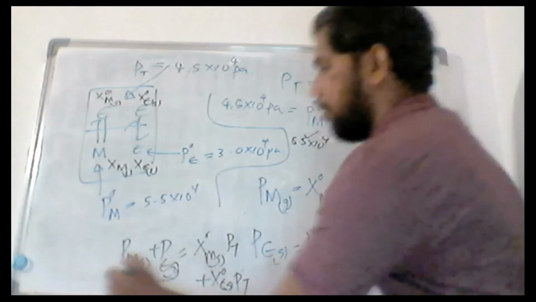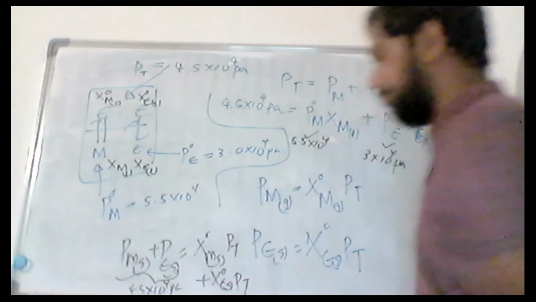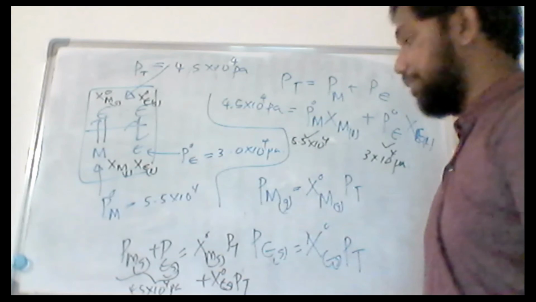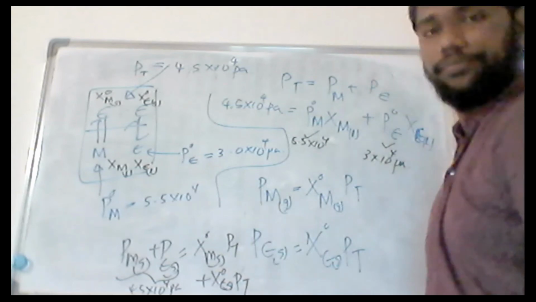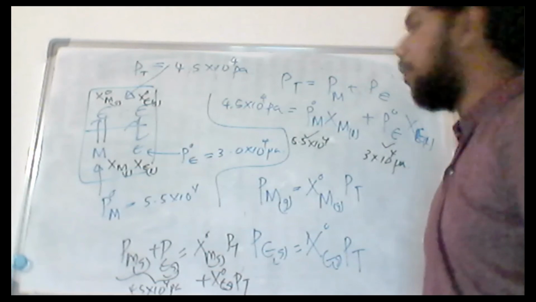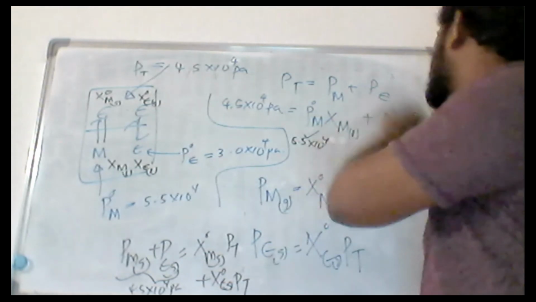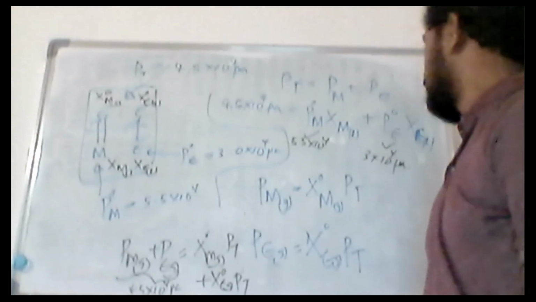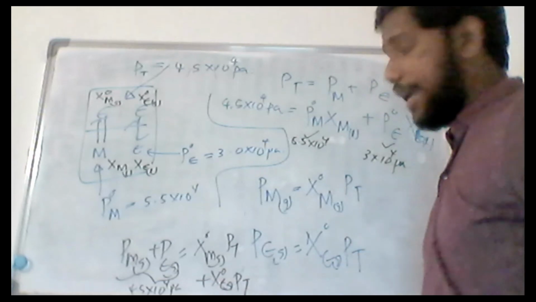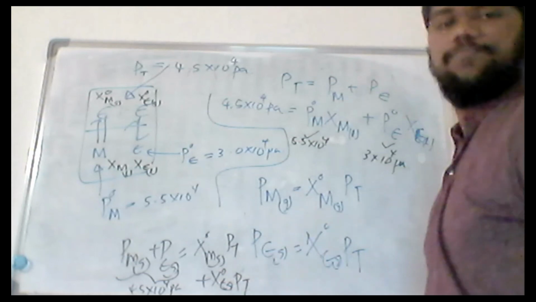And here I know the total pressure, which is 4.5 into 10 to the power 4 Pascal, which is my total pressure. And this one I know. So you know all these things. The only thing that you don't know here is XM liquid, XE liquid, and here X naught M gas and X naught E gas.